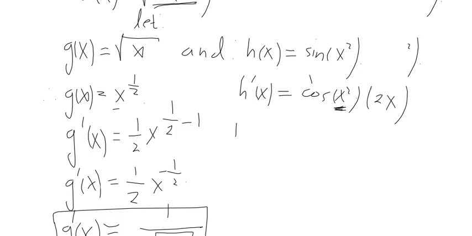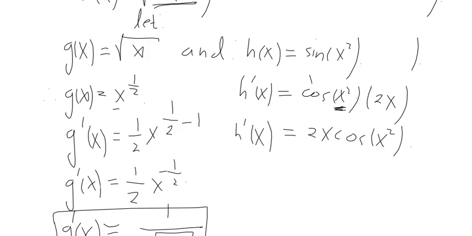Therefore I get h prime of x is equal to 2x times the cosine of x squared. So that's h prime of x.